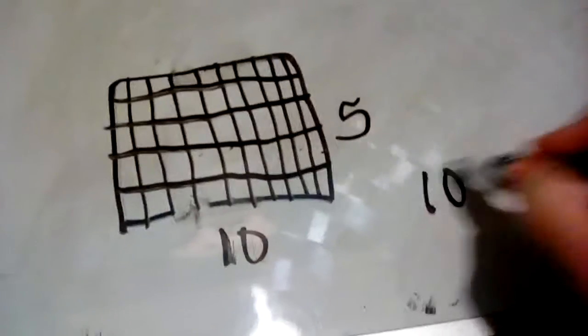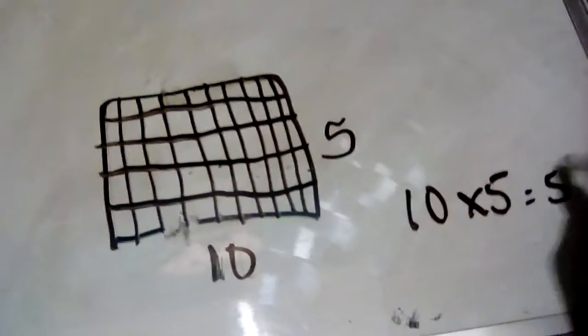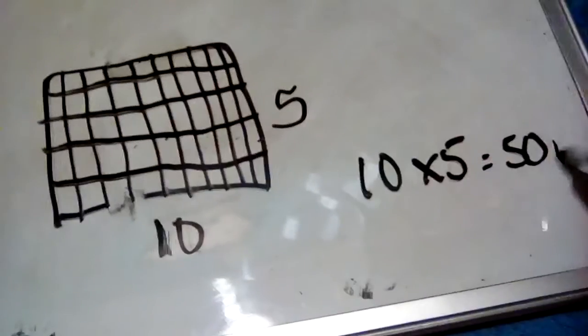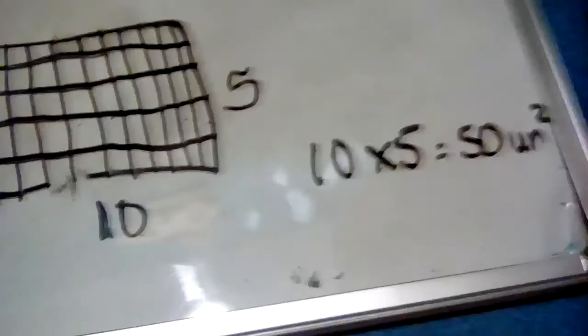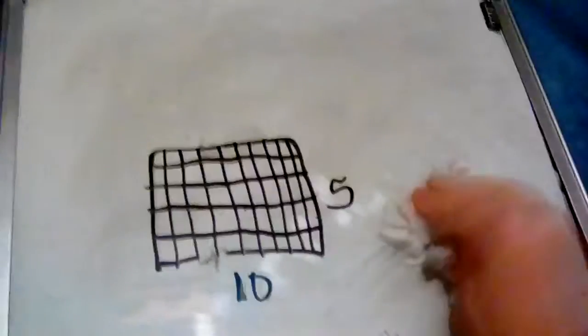As you can see, there are 10 this way and 5 rows this way. And if I were to count all of the squares in here, that would give me 50 squares. So 10 times 5 is equal to 50, so this would be 50 units square. That's kind of how you do this. Very simple.